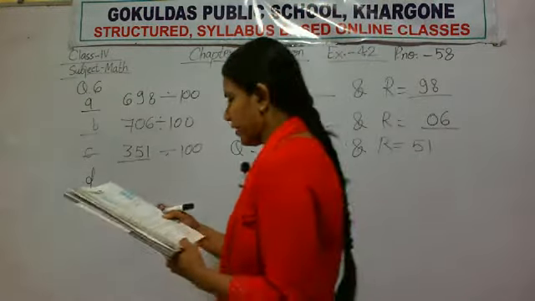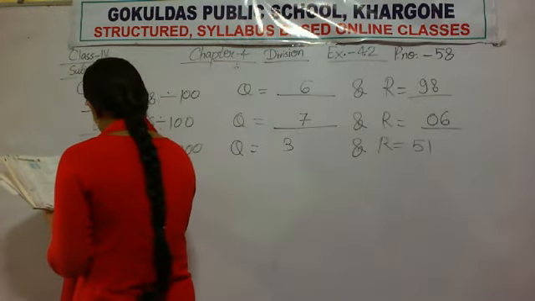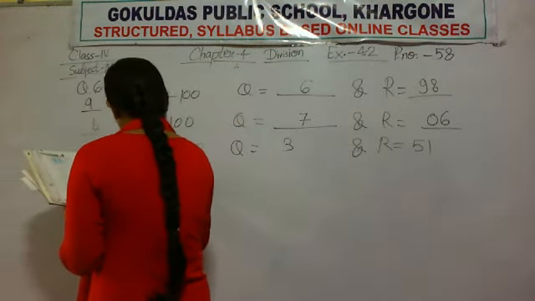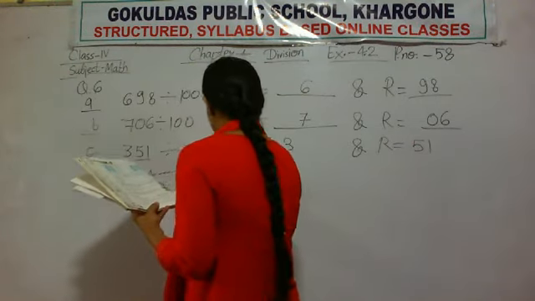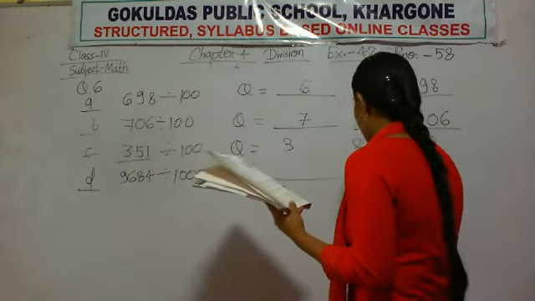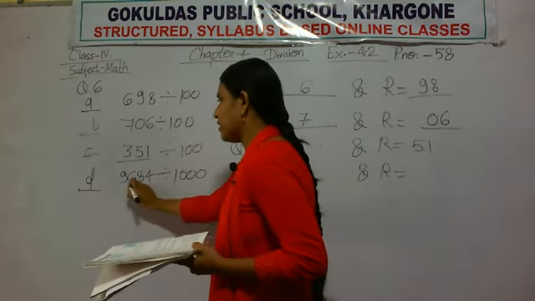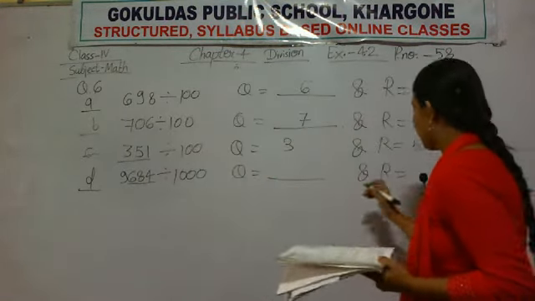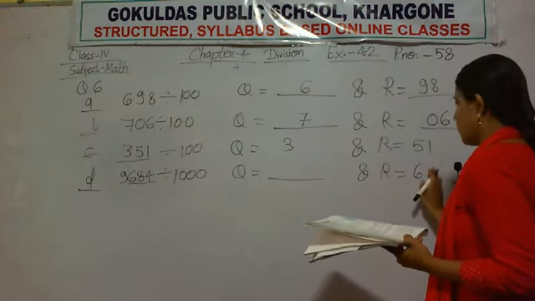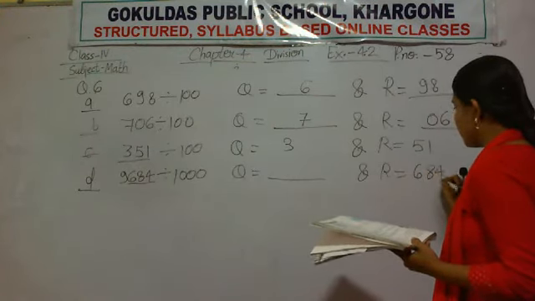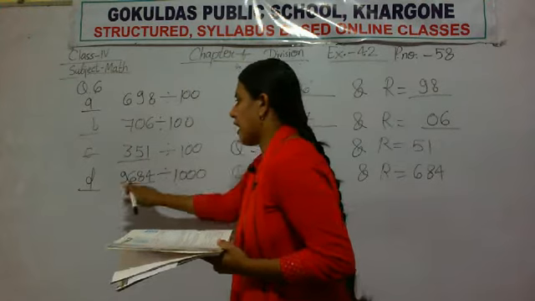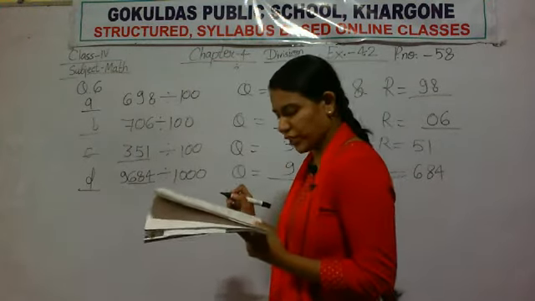Now part D, 9684 divided by 1000 gives you quotient and remainder. So when we divide any number by 1000, then the last three digits of the number are your remainder. So 684 is your remainder and 9 is your quotient.